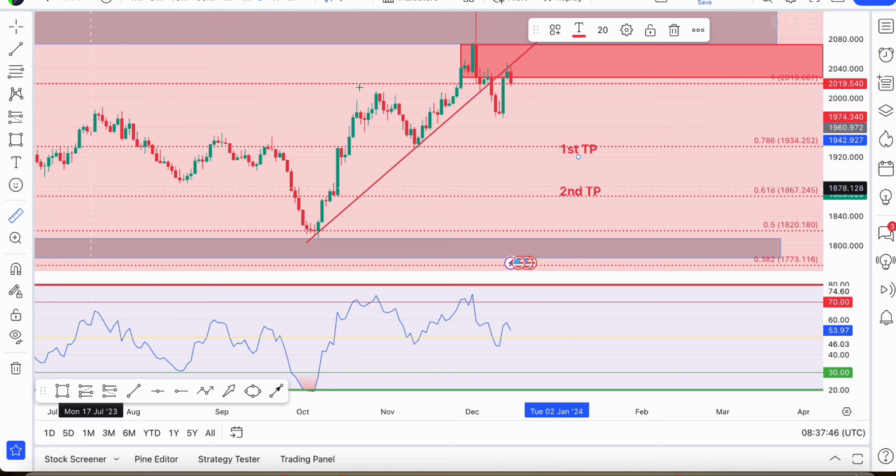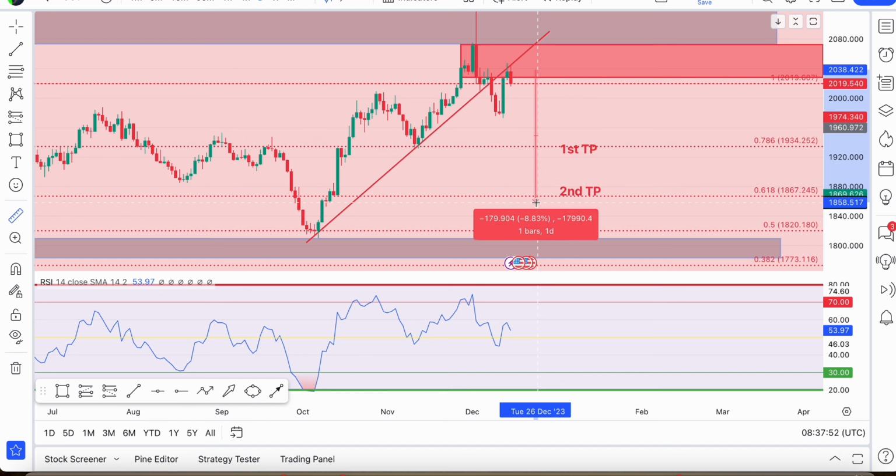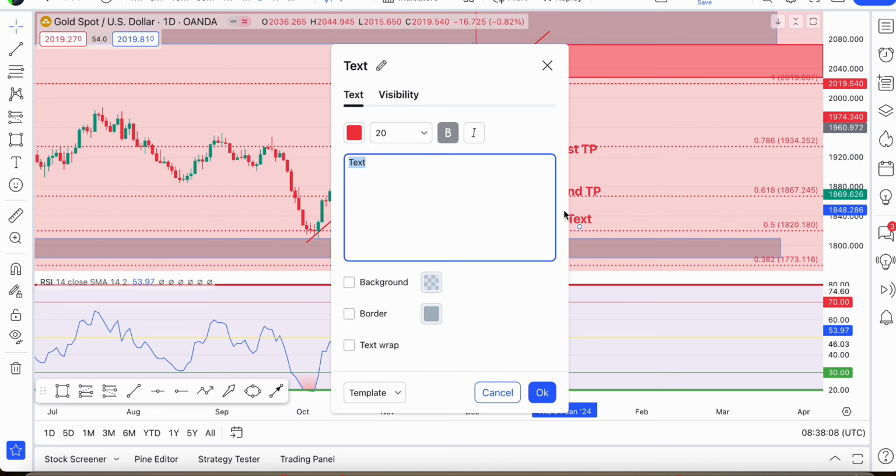So 189.28 exactly here, 1849.13. This is my third take profit.